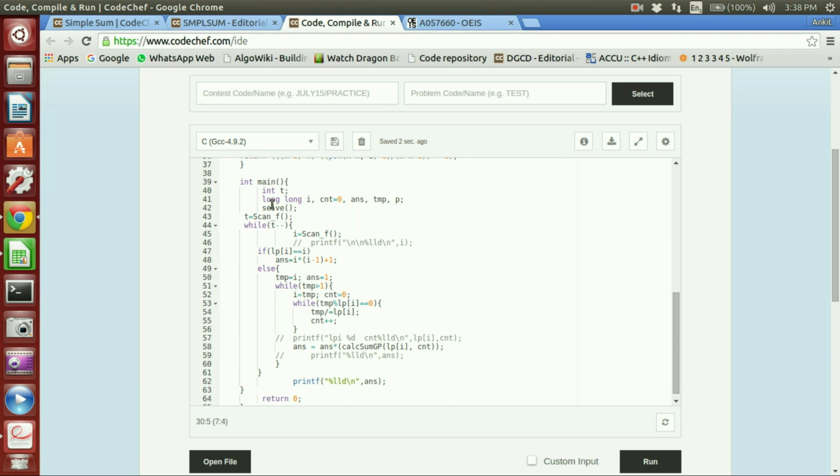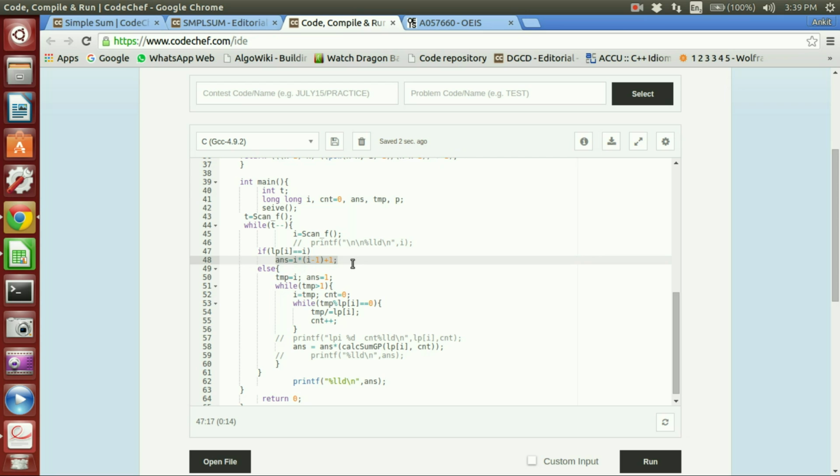So after performing the sieve function, we are scanning t, and then inside that scanning I, the number whose value is to be calculated, and then we are checking this condition, that is LP of I equal to I. That is, if that number is an odd number, then we are just calculating the answer directly by this formula.